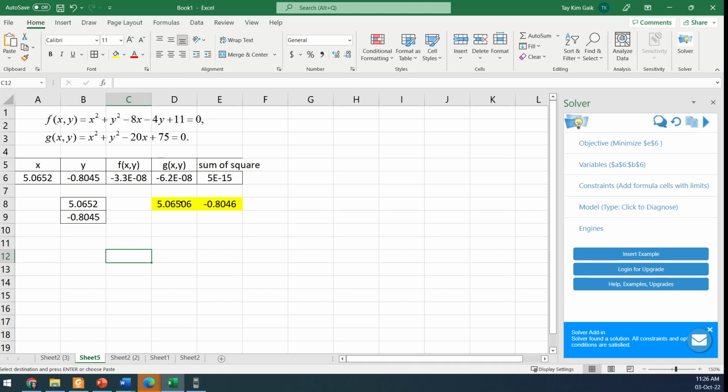Because if you copy-paste a formula, it still carries the formula, and the location is different. That's why the value runs. If you want to paste the value only, just paste value. So this is using the Microsoft Excel solver.